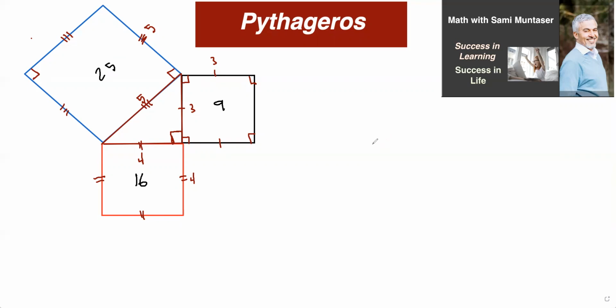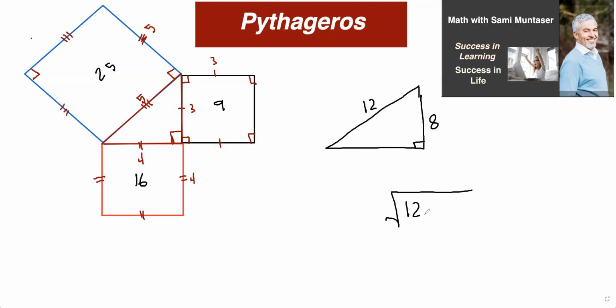And I know a lot of teachers adopted the a squared plus b squared equals c squared, but I'll tell you what, if I'm giving you a right angle triangle, and I give you, this is 8 and this is 12. Now, to find the missing side, you go square root of 12 squared minus 8 squared.